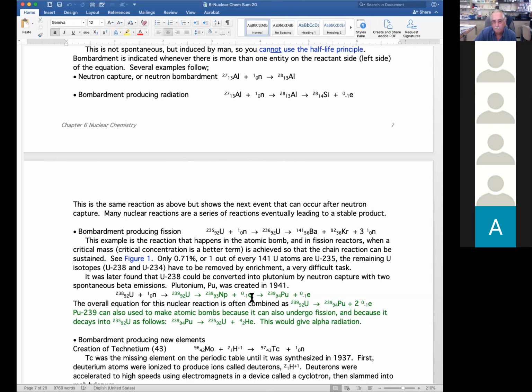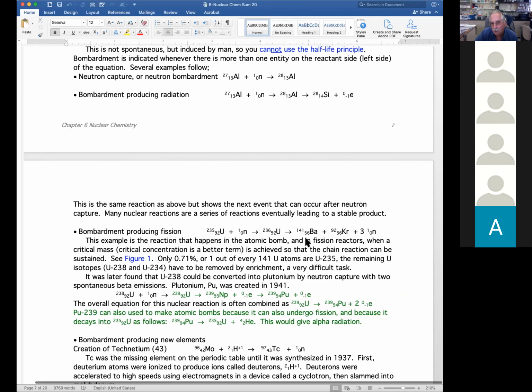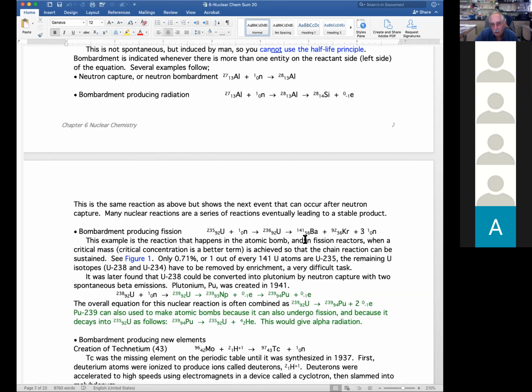Now, what about on the other side of uranium? We had only this right here. Say you had everything except for this. Well, 92 is going to have to be equal to something plus 36 and 0. So that means that would have to be a 56. And the periodic table tells you that element 56 is barium. And then, okay, what number is for the mass number?